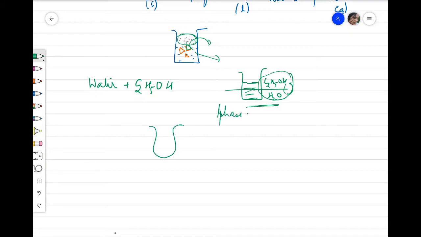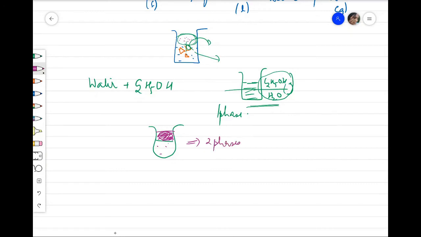Now let me take water with an oil. Here oil and water do not mix, so you will see that one is on top and the other is below. In this case, oil and water are 2 phases.